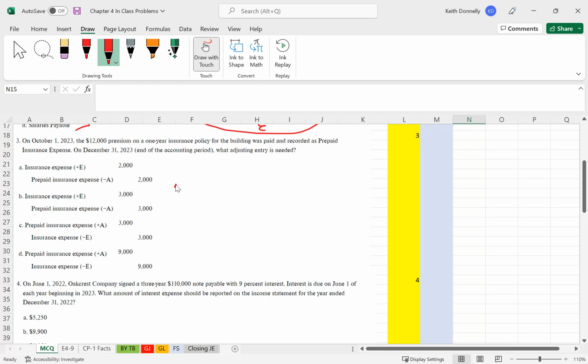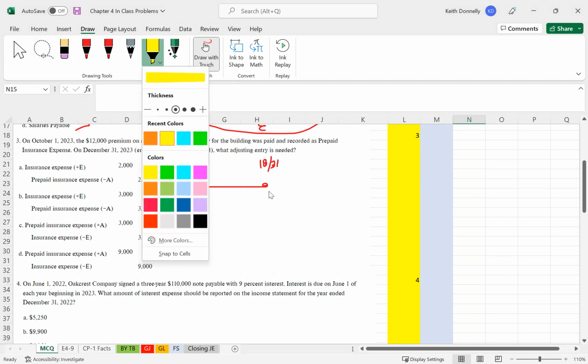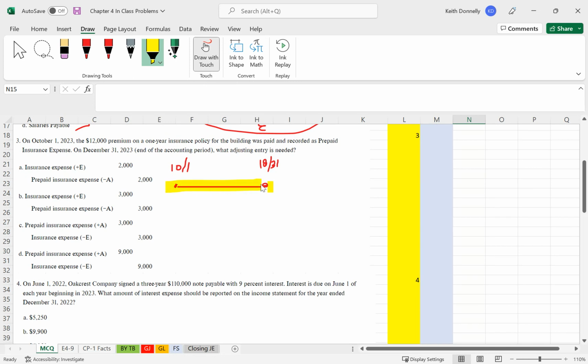Okay, so on 10/1, we bought the insurance. Here we are at 12/31, the end of the year. So in this case, we got to accrue for during this period.